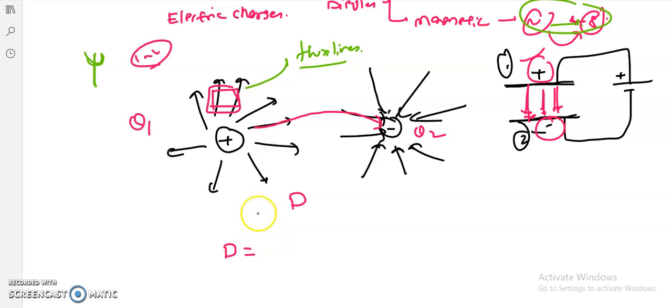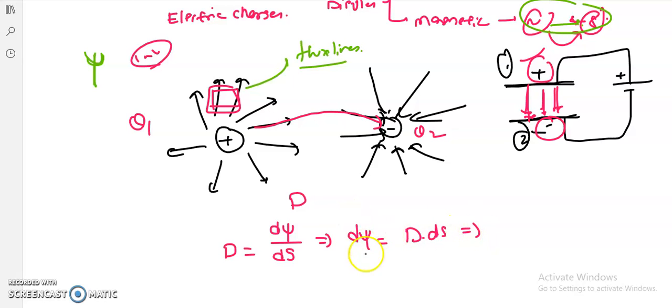Mathematically, it is the rate of change of flux with respect to the unit surface area, or the number of flux lines flowing through the unit surface area. Flux is generally represented with psi, per unit surface area, and from this expression I can write that d psi is equal to capital D into ds, right?